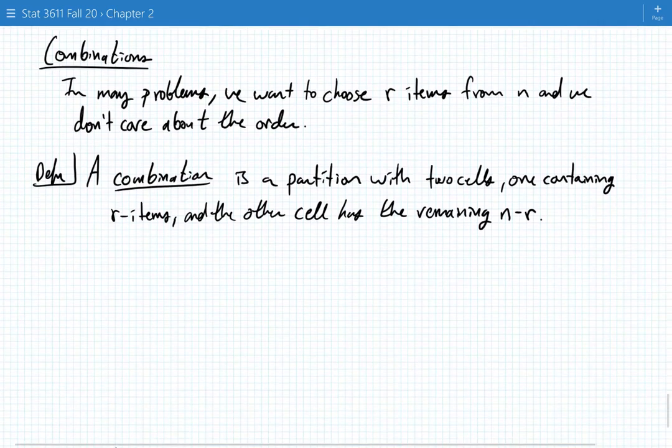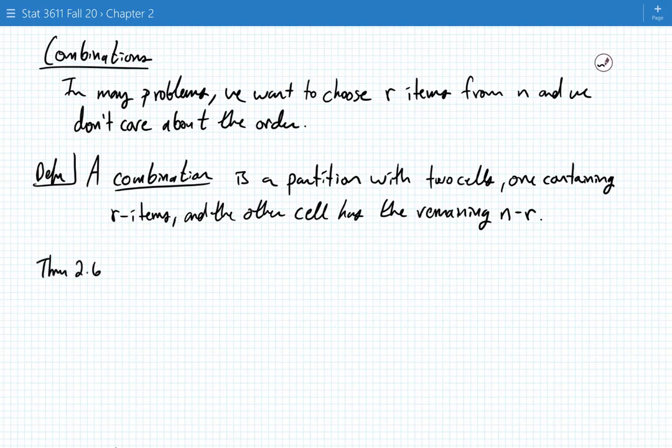Okay? So just to align with the theorems in the e-text, I'll mention this is theorem 2.6, but a combination using the notation above is just n items and you have two cells. R of them goes in one and n minus R goes in the other. By default, this is so common. If you only have two cells, you really only need to know the quantity that's in one cell, because by looking at the complement count, you can figure out how many are in the other cell.